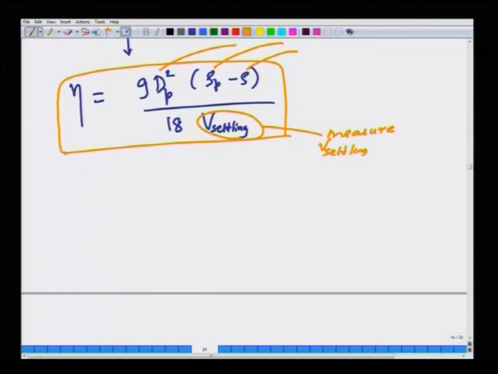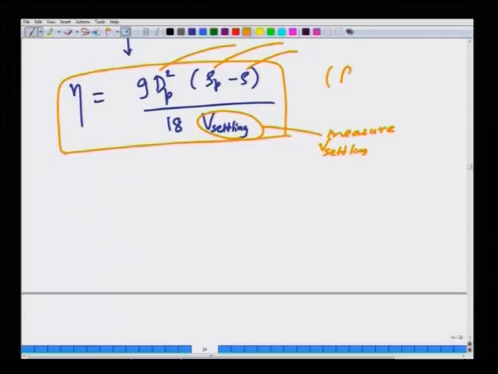This is often used to measure the viscosity in many industrial settings, because it is easy to do such an experiment, and this is assuming that the Reynolds number is small, because you choose your particle dimensions such that the Reynolds number based on the particle is very, very small.